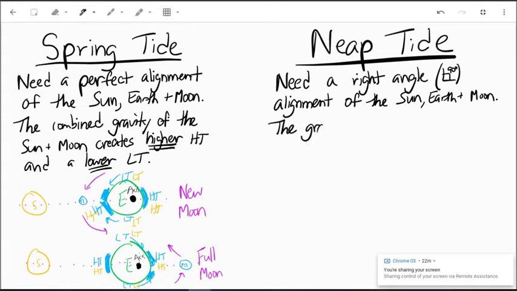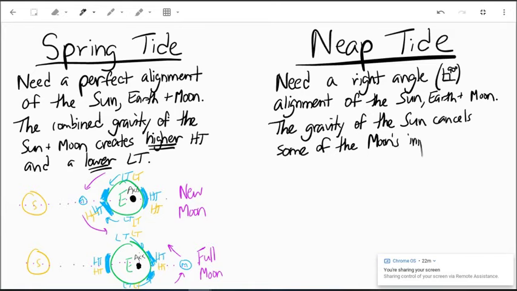The gravity of the sun cancels some of the moon's impact on tides.